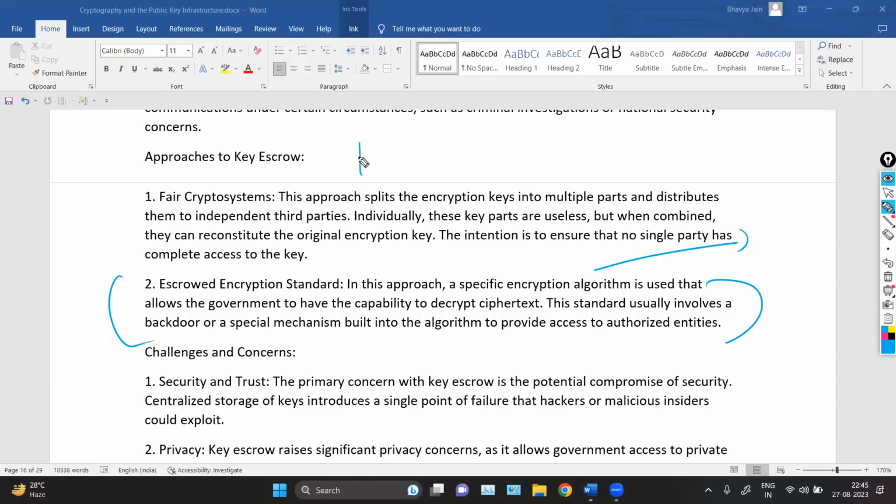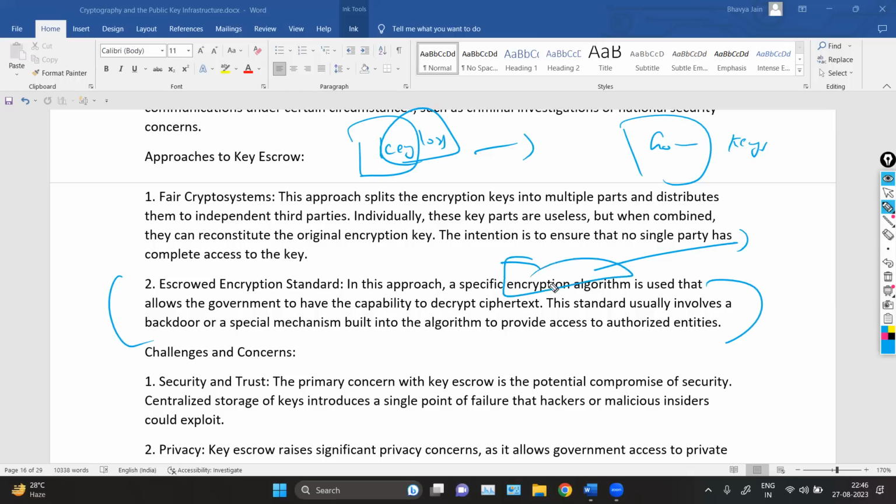Let's say you have given your keys to the government agencies, and you face key loss or data loss. In that case, you can ask the government agencies to decrypt your data or your ciphertext with a particular technique, and that technique is involved only in these escrowed encryption algorithms.